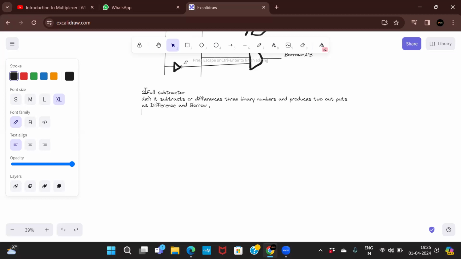Am I right? And it is a 3-input, 2-output gate or circuit.